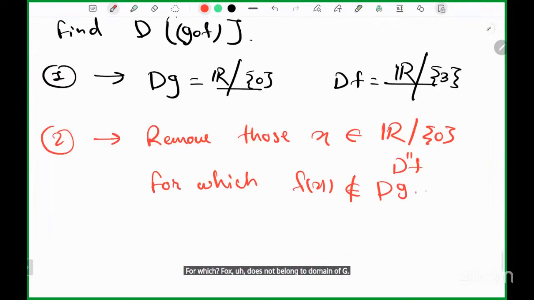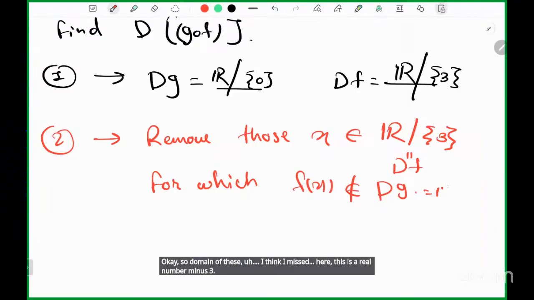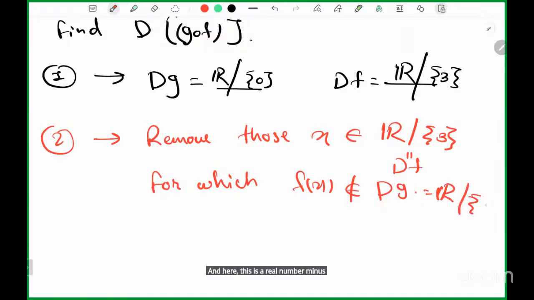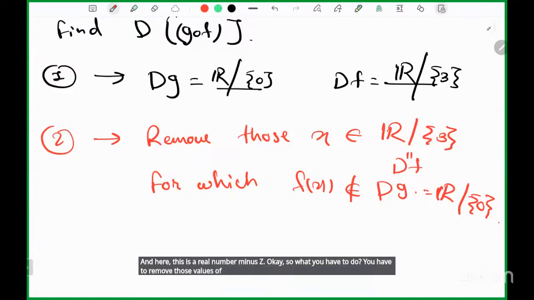I think I missed here, this is real numbers minus 3, and here this is real numbers minus 0. So what you have to do is remove those values of x for which f of x is not in real numbers minus 0.